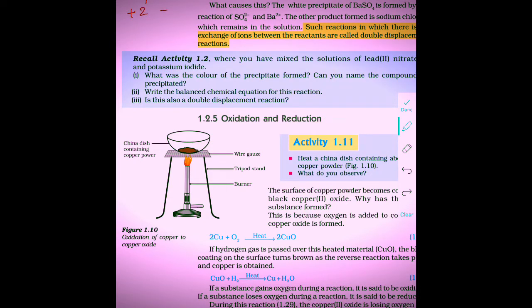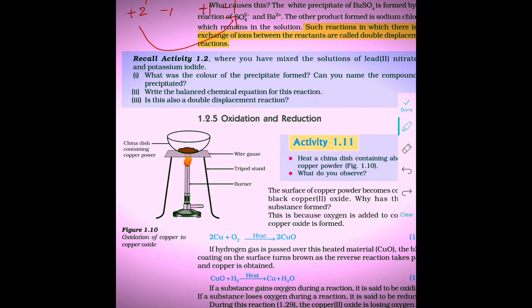Pb is plus 2, NO3 is minus 1, K is plus 1 and I is minus 1. So positive will join to negative and negative will join to positive. Can you tell me where Pb will join? Yes, Pb will get bonded with I, and taking care of the valencies, it will be PbI2. Isn't it easy? Now K plus and NO3 minus 1 become KNO3. So the compound which is precipitated is lead iodide.